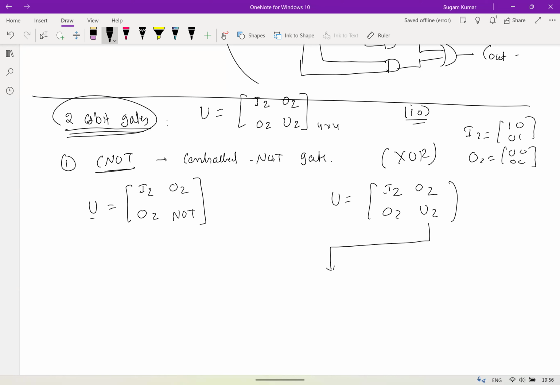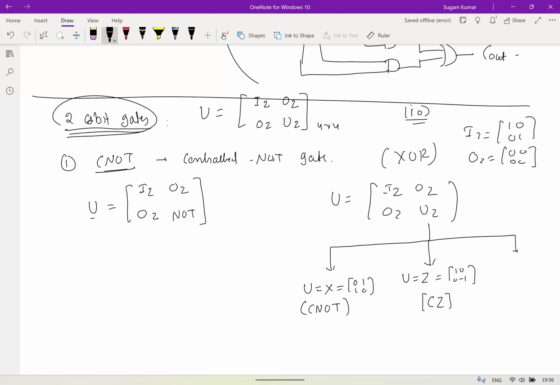If U becomes the X gate, then this gate is called CNOT. But if U becomes Z, with X being 0, 1, 1, 0 and Z being 1, 0, 0, minus 1, then it is called a CZ gate.